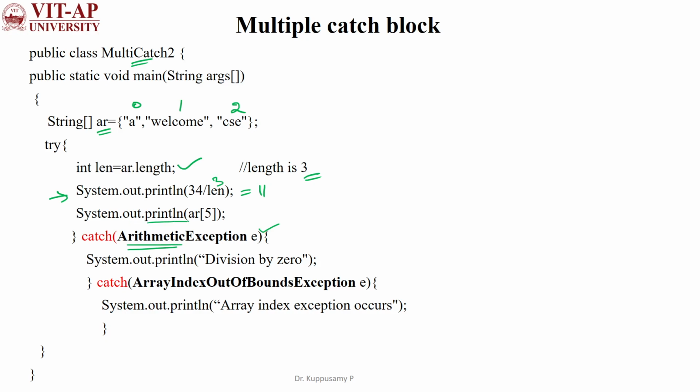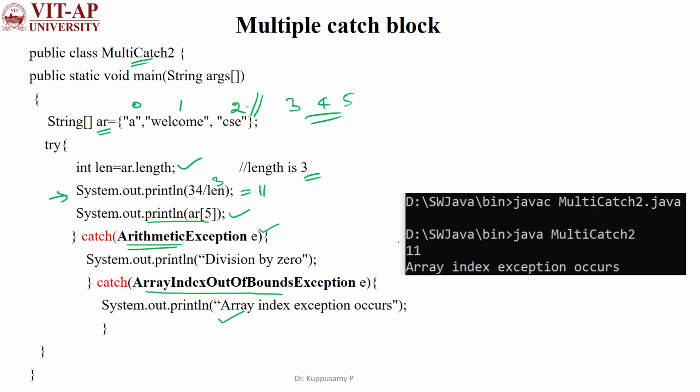And system.out.println array of 5, but here we are having only indices up to 2. Fifth index is not available in this array, so it will generate the exception. That exception belongs to the catch class array index out of bounds exception. Then this statement will execute to notify the user.